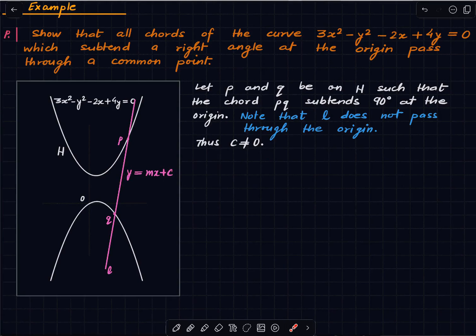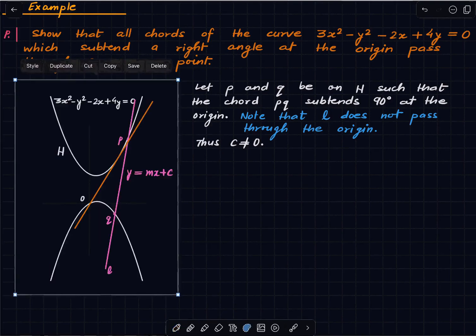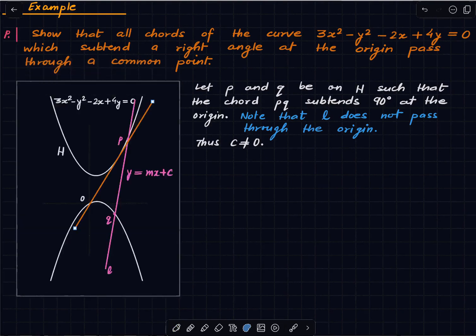Okay. And now here is the main idea of the proof. Consider these 2 lines. This is one of the lines, the line passing through P and the origin. And then there's this other line, the line passing through Q and the origin.